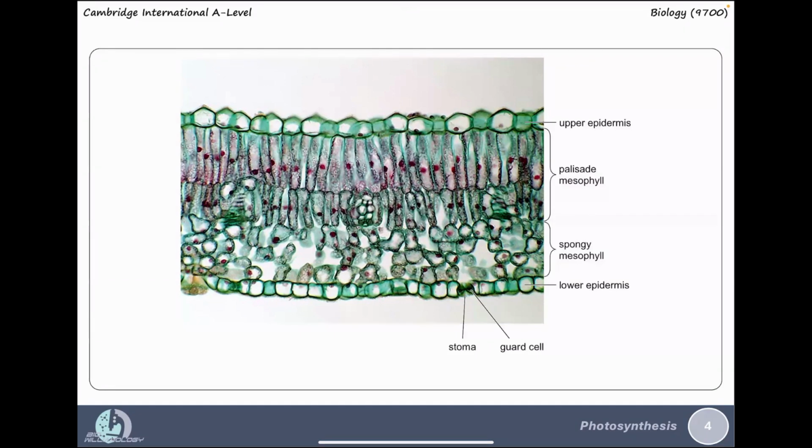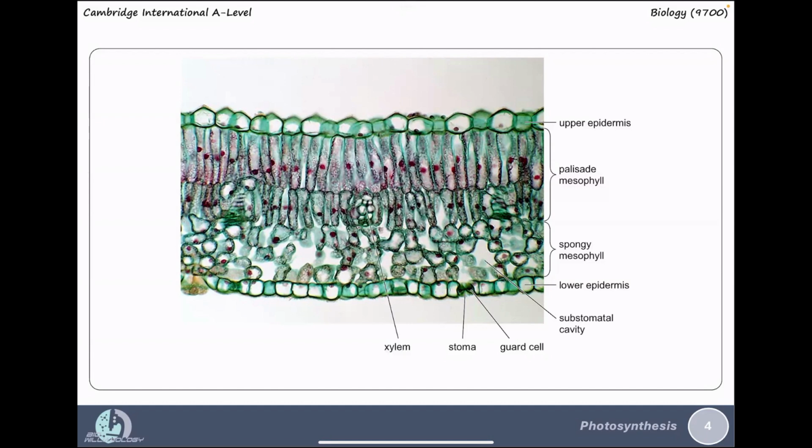Spongy mesophyll, which are irregular cells that form a loosely packed tissue. Within this layer of spongy mesophyll, due to the loosely packed nature of the cells, we can actually find the substomatal cavity or substomatal air spaces.